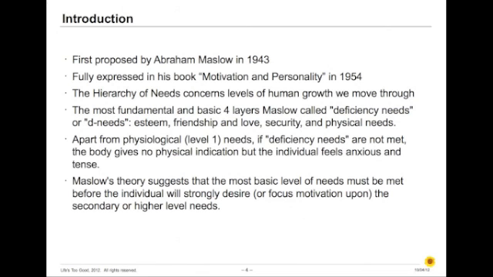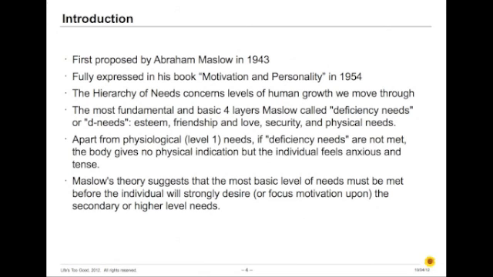The way the model works, we have some basic needs, which Maslow calls deficiency needs. Only when we satisfy those basic needs can we move on to what he calls being needs, which are in fact the one level of the model, the self-actualization level, which is level 5.